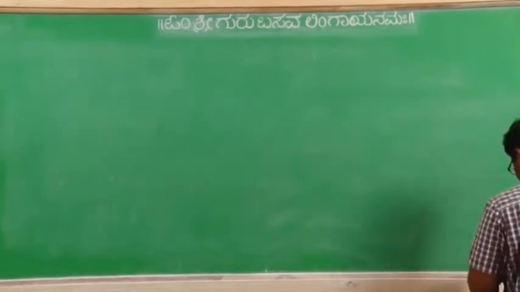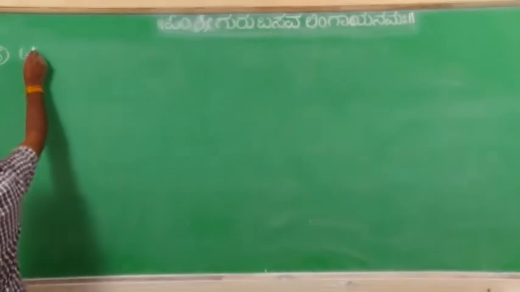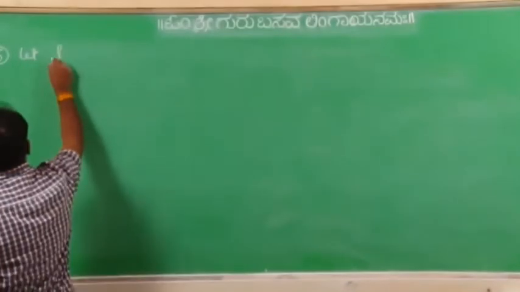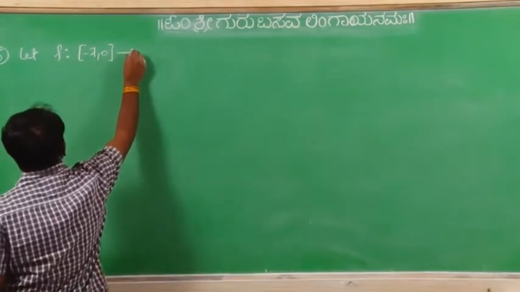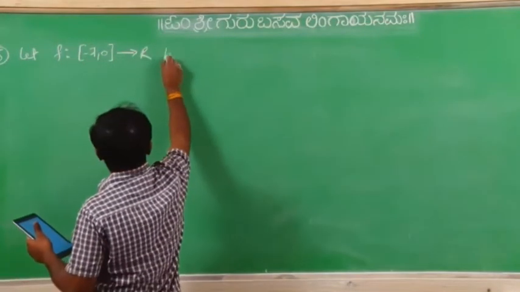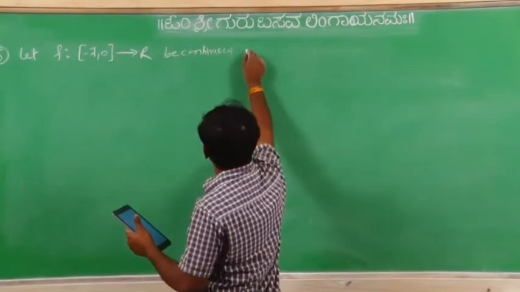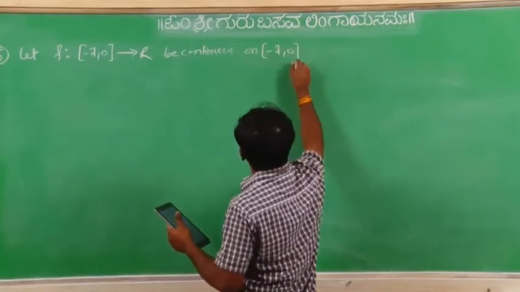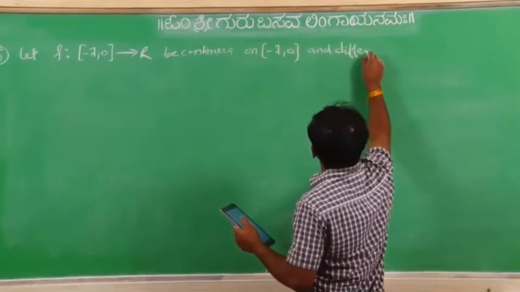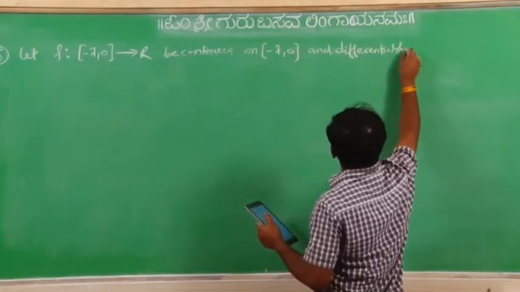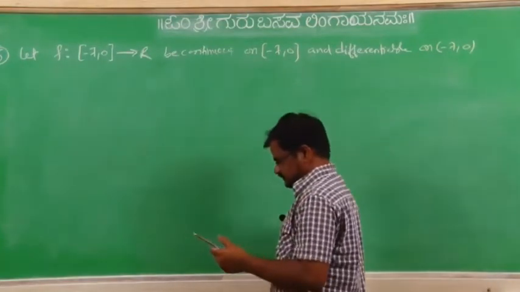Next, take one more problem, fifth problem. Let a function which is mapping from [-7, 0] to the real numbers be continuous on the closed interval [-7, 0] and differentiable on the open interval (-7, 0).